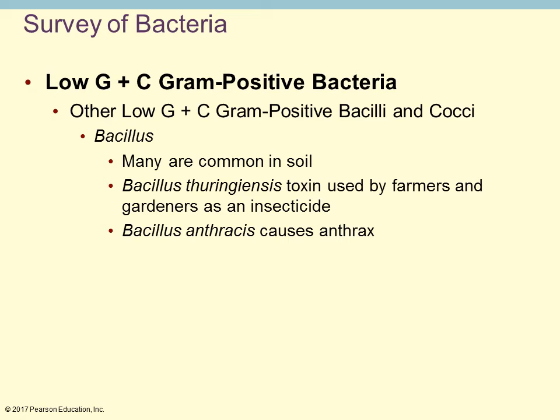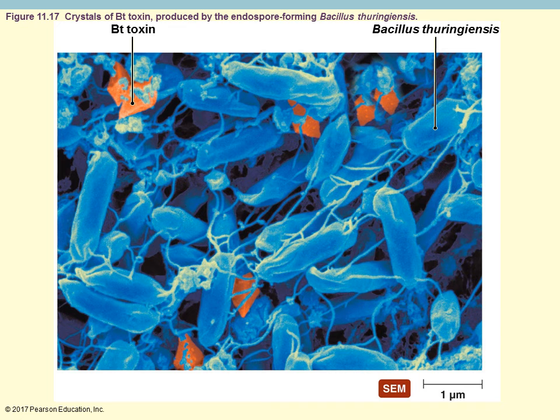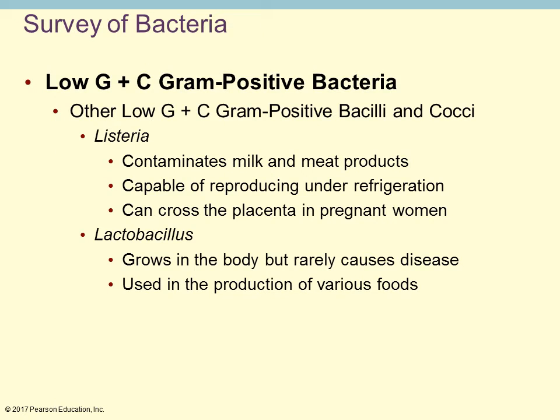Bacillus thuringiensis is of interest in agriculture because it produces a natural toxin that is used by farmers now and gardeners as an insecticide. So this is showing the Bacillus thuringiensis, and that orange, that's a toxin.